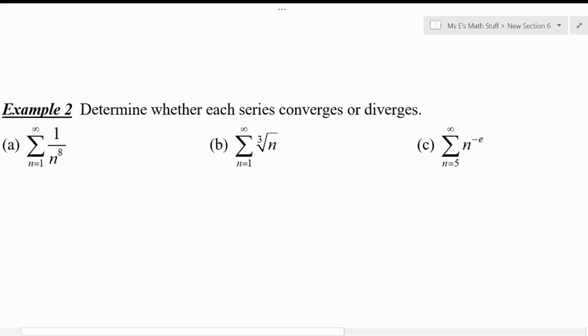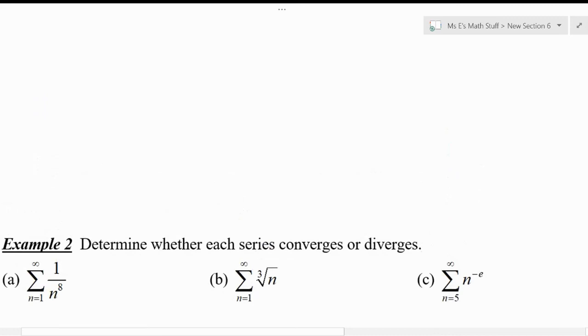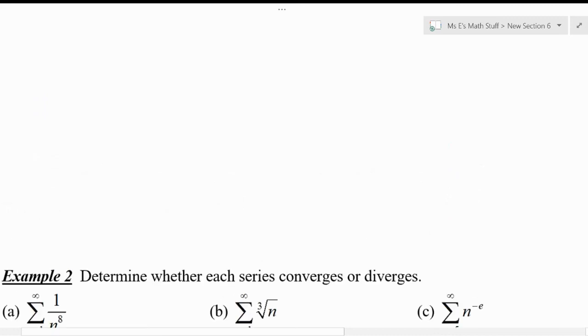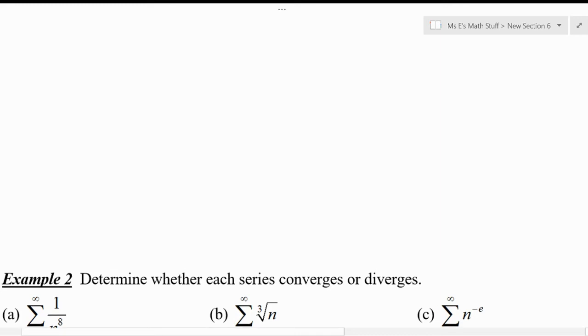Actually, you know what? Before we take a look at example 2, let's talk about a shortcut. I think we're almost done with this lesson, to be honest with you. This one is a little bit on the shorter side. So before we do example 2, let's talk about a shortcut that we could have used for the warm-up.